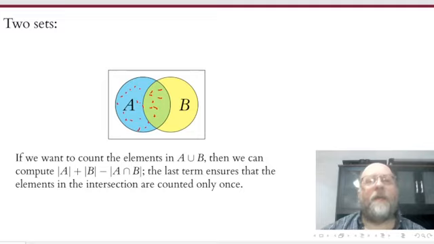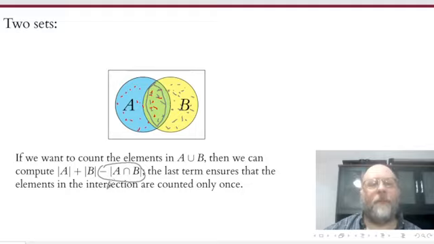And then we can count everything in set B. But then the part in the middle has been counted twice. And so if we subtract the part that we counted twice, subtract once, so that it's counted once, then all of the terms have been counted one time.